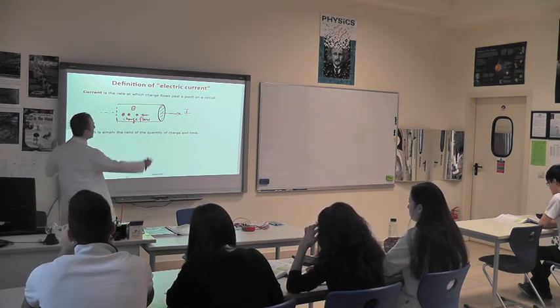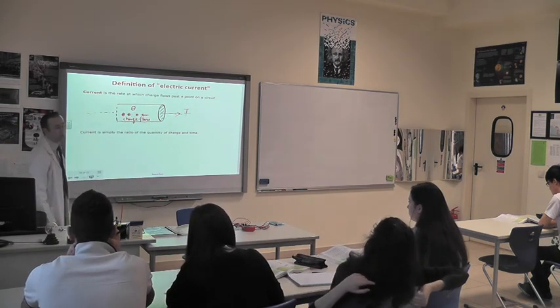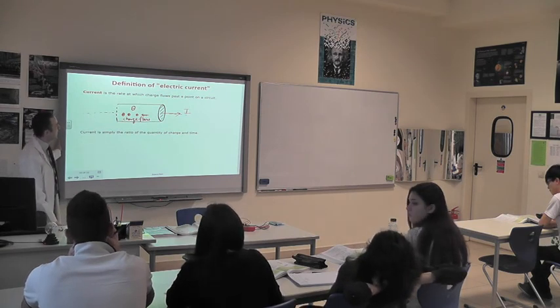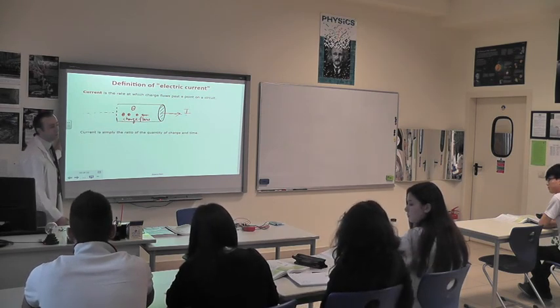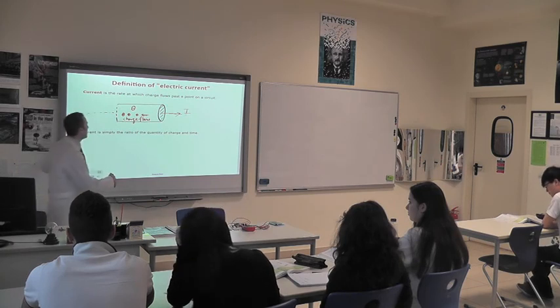The current direction is defined as the opposite direction to the charge flow, electron flow. We are going to see this later. Because of the invention of the electrons before the current direction defined, we have a kind of conventional current direction.